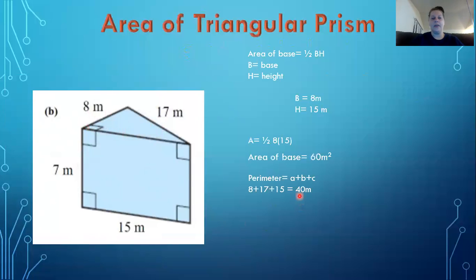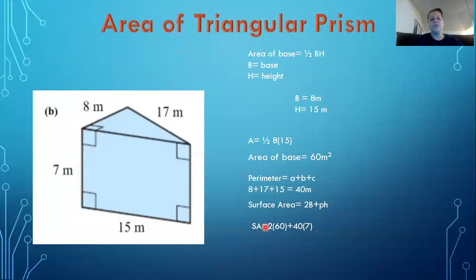It's going to be 40 meters when we add all three sides together. And when we put that into our surface area equation, which is 2 times B plus pH, with B being base, P being perimeter, and H being height, we see up here we used the height of 15 because we were only looking at this triangle, but now we're looking at the height of the entire 3D triangular prism, and we see over here this is the height we're wanting.